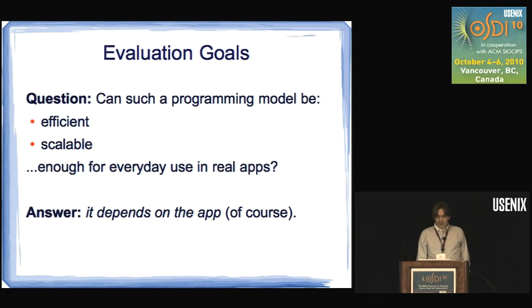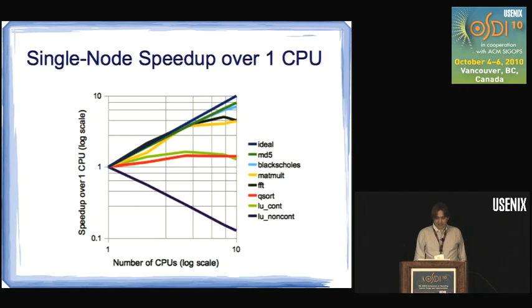There's more in the paper, but I just hope to persuade you that this programming model can be both efficient and scalable enough to be competitive with standard systems, at least for some applications. Certainly not all at this point, for the same reasons as you saw in the last talk.